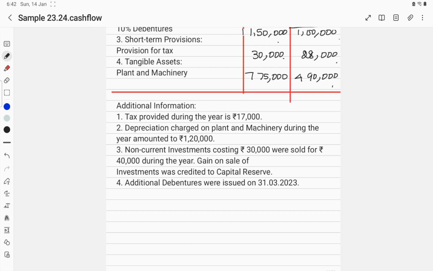Depreciation charged on plant and machinery during the year amounted to 1,20,000. Non-current investments costing 30,000 were sold for 40,000 during the year. Gain on sale of investments was credited to capital reserve. Additional debentures were issued on 31/3/23.